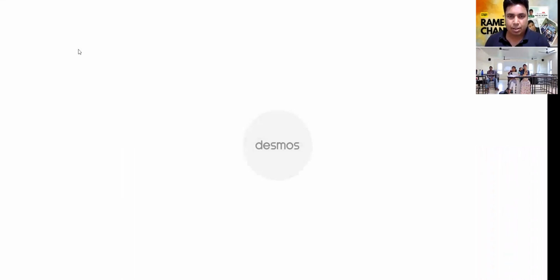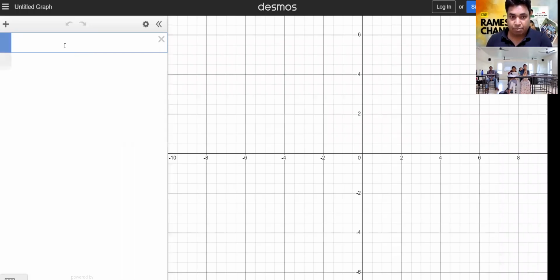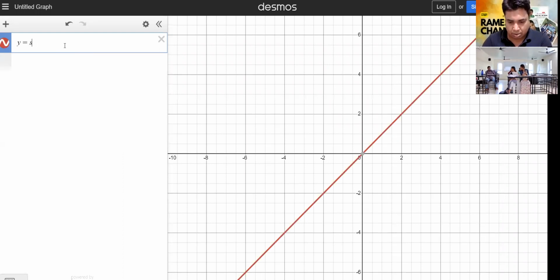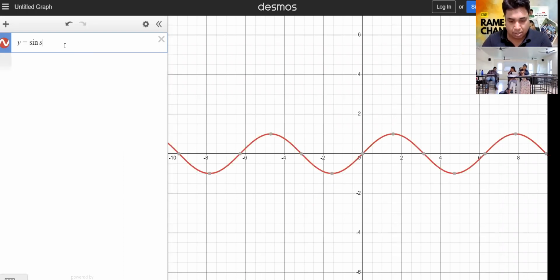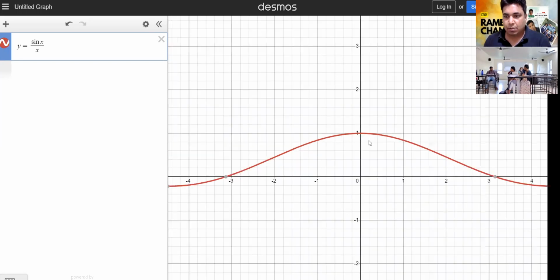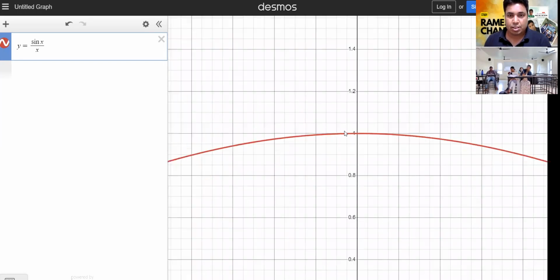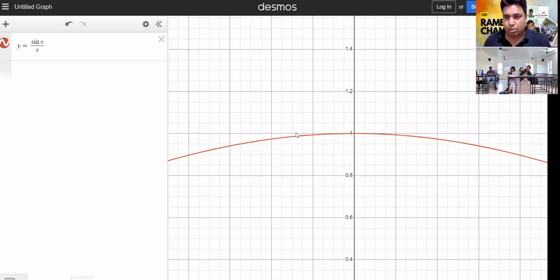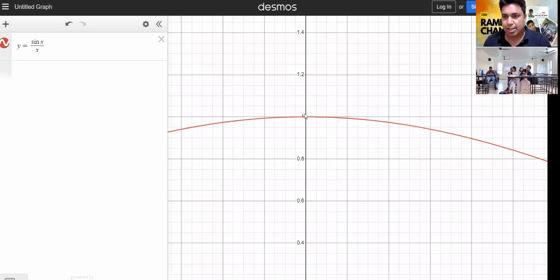Yes, sir. So we are going to plot the graph of y equal to sin x upon x. Can you see? This is a very smooth function at x equal to 0.